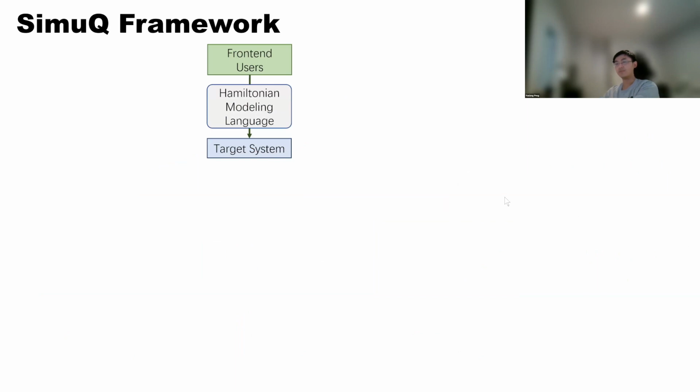So let's start with the detailed framework of SimuQ. In our imagination, we ask users to learn the Hamiltonian modeling language, which they can use to program their target system in their mind.